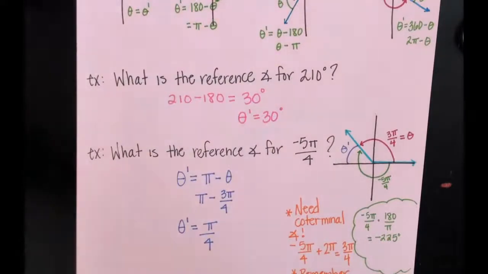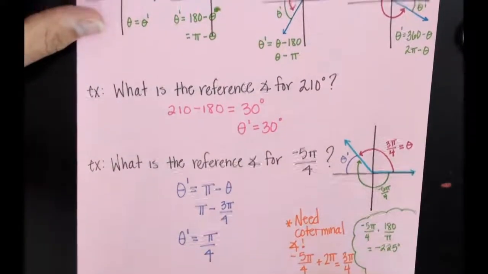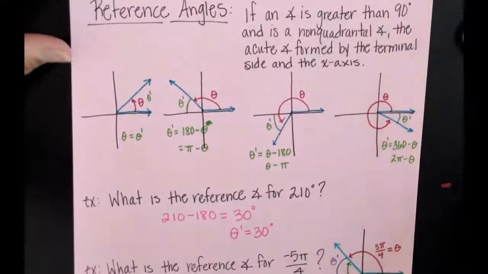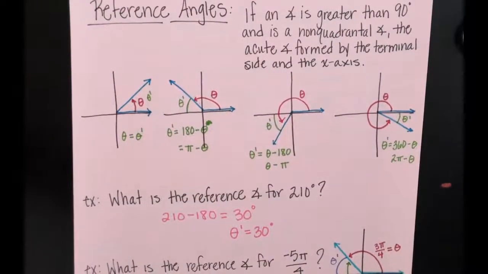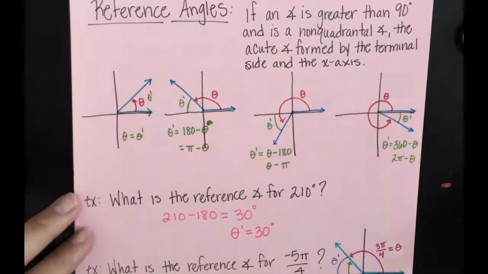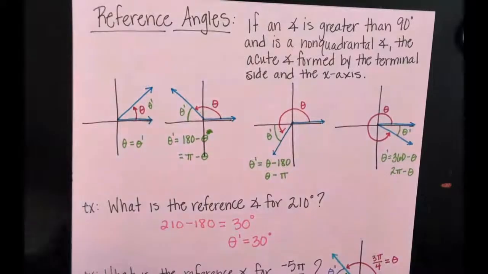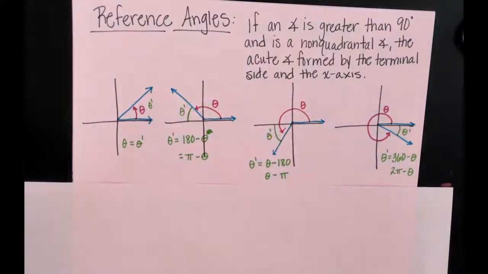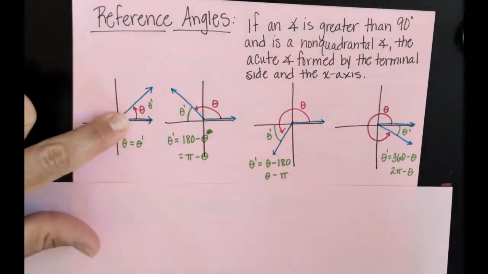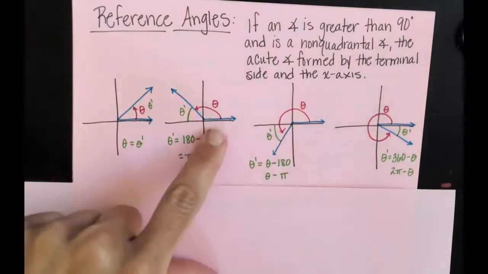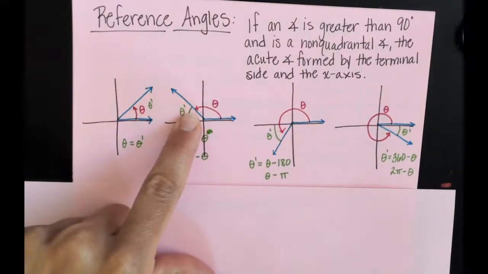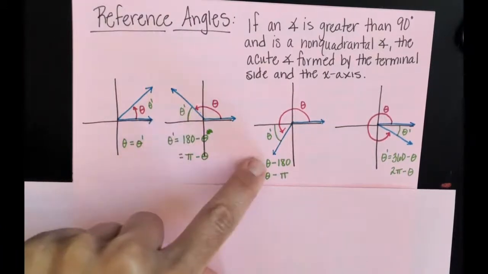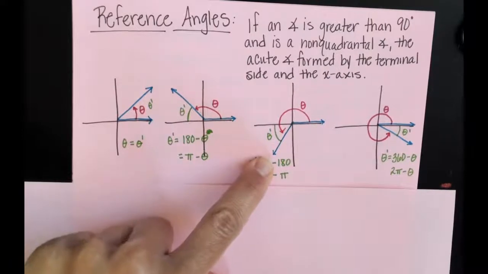All right, so of course we're going to have values that aren't constantly 30 degrees or 60 degrees. We are going to have angle measures that reach into other quadrants, so they're going to be obtuse angles, greater than 180 degrees.